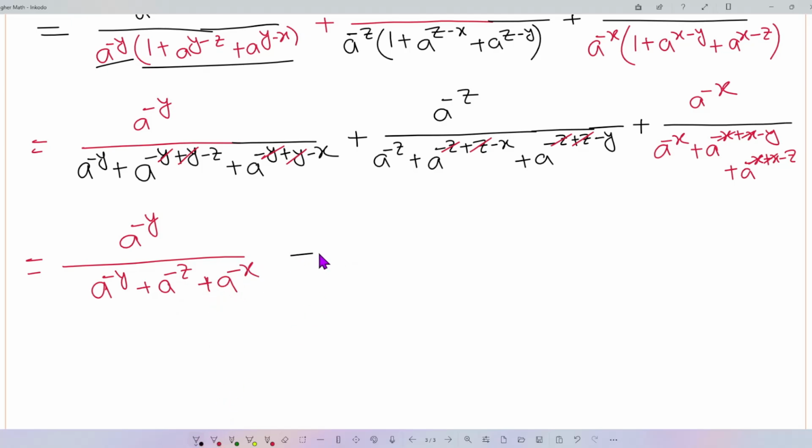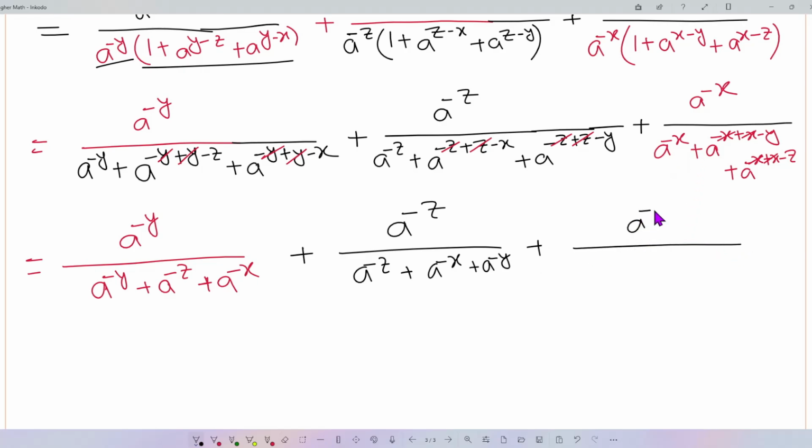Now the interesting thing: here also we will get a similar thing, a to the power minus z. So here is a to the power minus z plus a to the power minus x plus a to the power minus y. Then here a to the power minus x: a to the power minus x plus a to the power minus y plus a to the power minus z.